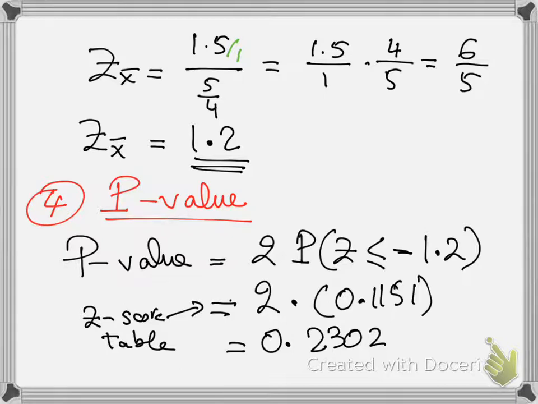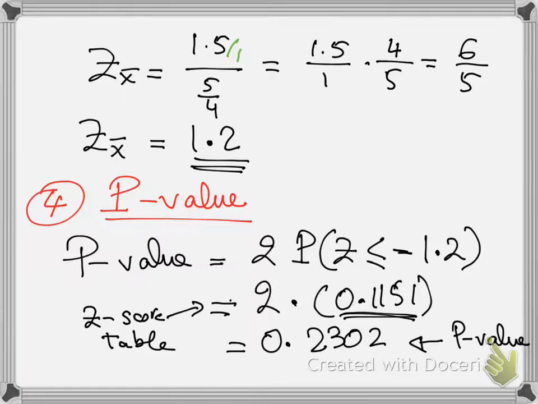I got this 0.1151 by using the standard normal distribution table, the z-score table. So that's our p-value.